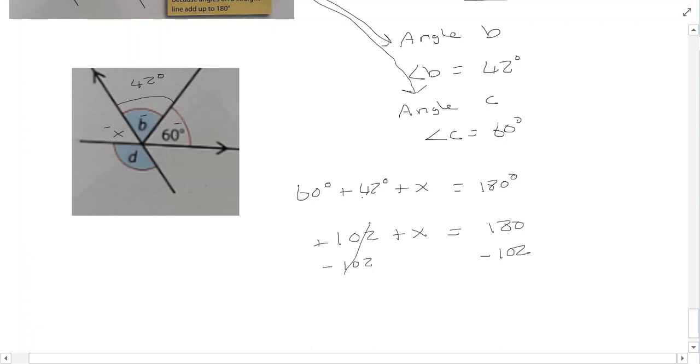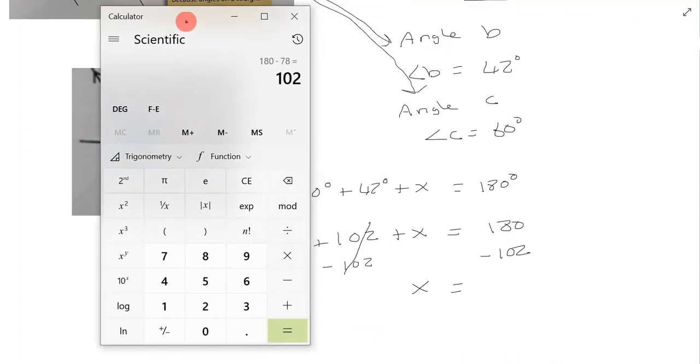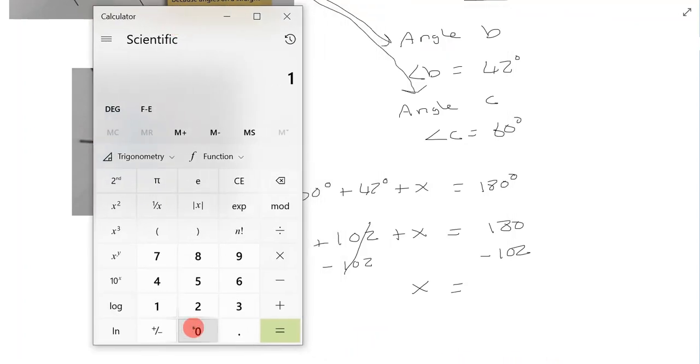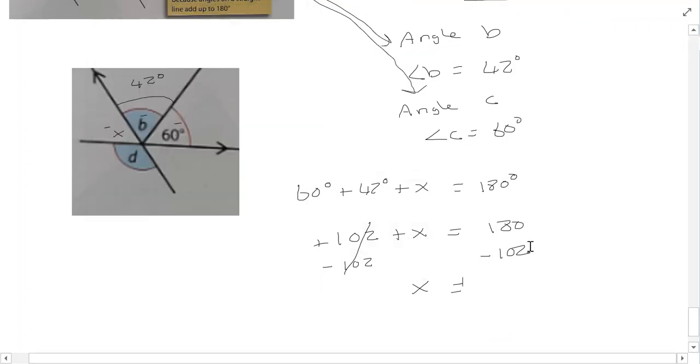So these two will cancel out, and X is then equal to 180 minus 102, which is equal to 78 degrees. So X, this here, is equal to 78 degrees.